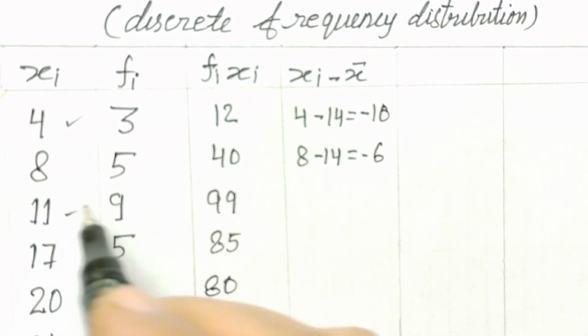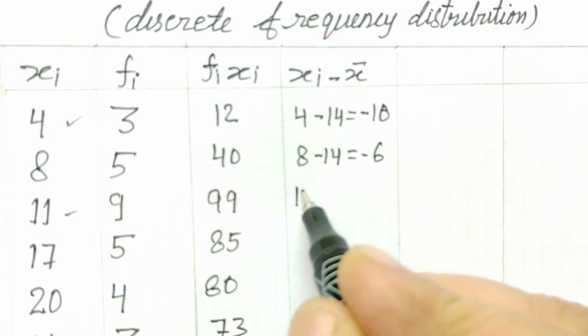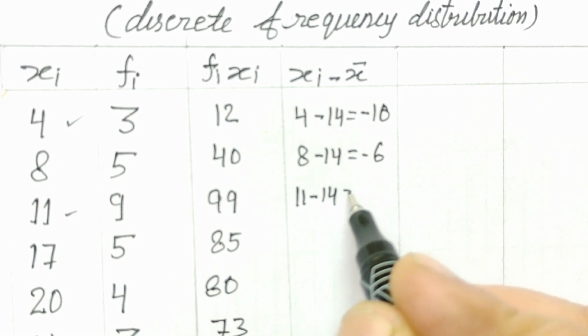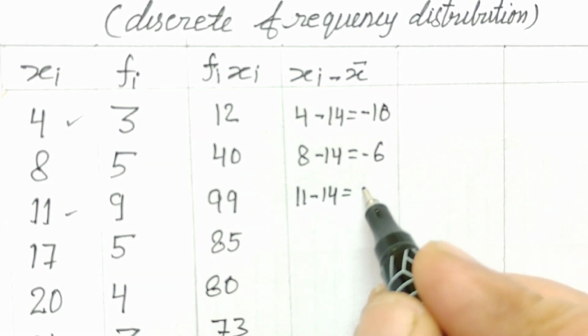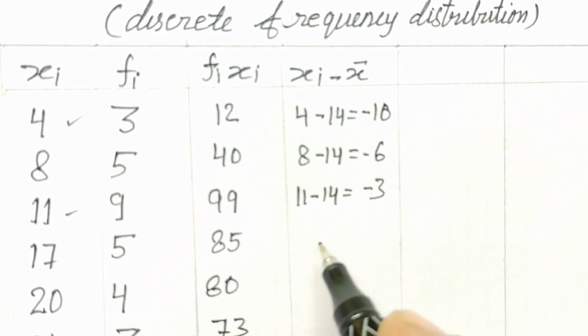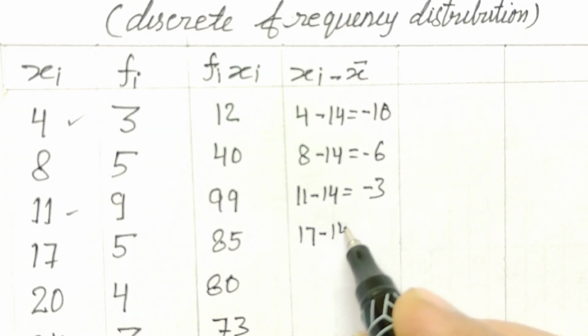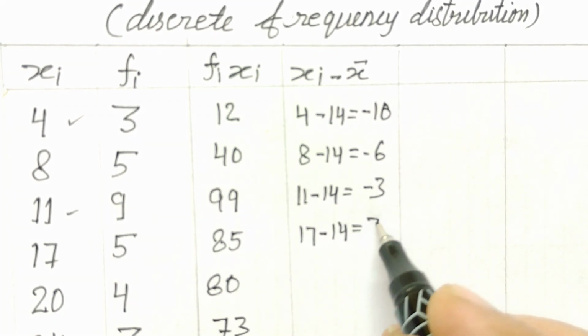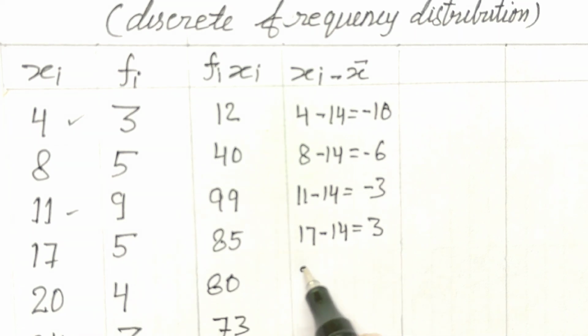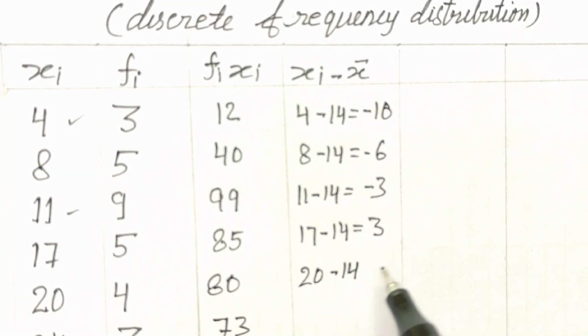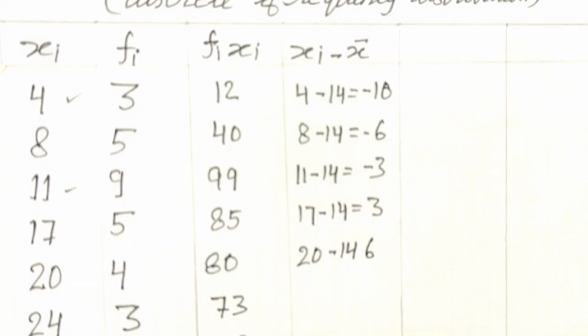Then 11 minus 14 is equal to minus 3. 17 minus 14 is equal to 3. 20 minus 14 is equal to 6.